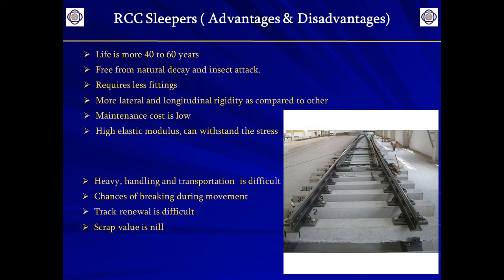They are free from natural decay, meaning the sleepers are exposed to environmental conditions like rain, temperature, wind, yet they are free from natural decay and insect attack. They require fewer fittings compared to other sleepers, and provide more lateral and longitudinal rigidity to the track. As life is more, the maintenance cost is low.